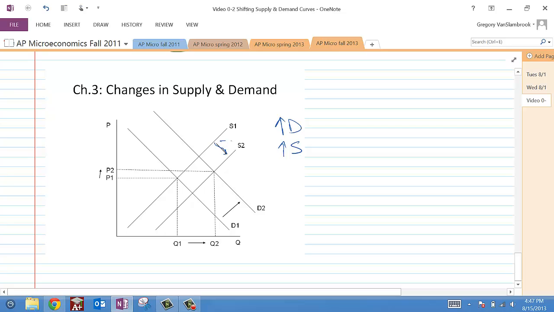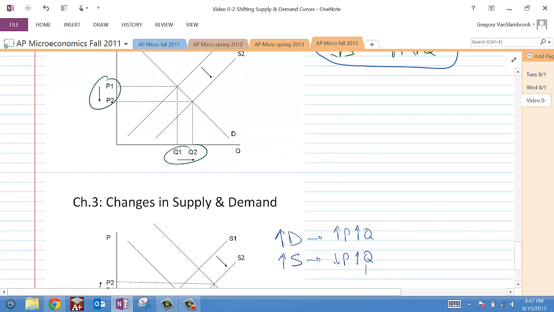But remember that a shift to the right is always an increase, and a shift to the left is always a decrease. Okay, so in any case, we've got an increase in demand and an increase in supply. We know that the quantity is going to increase because of the individual effect of both of these: an increase in price and increase in quantity from demand, and a decrease in price and increase in quantity from supply.